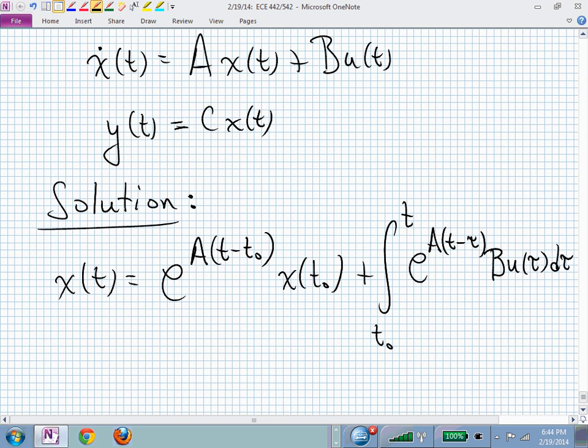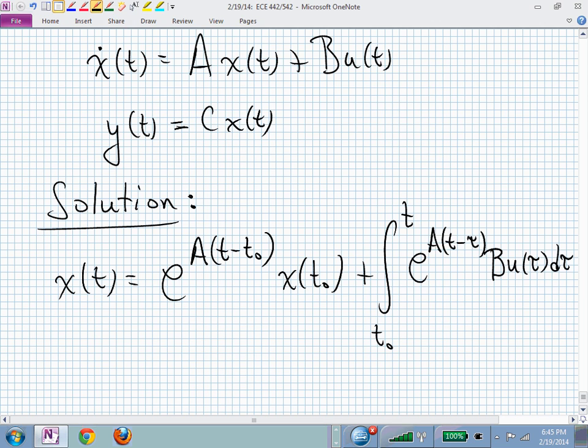This u of t, what's it going to equal in that one sample period interval? It's going to be fixed, isn't it? It's being held constant with a zero order hold. It's just going to be u at time t0. If it's constant, we know how to handle it when it's integrated. We can pull it out of the integral, can't we, if it's a constant. B, we're assuming these are time invariant pieces.